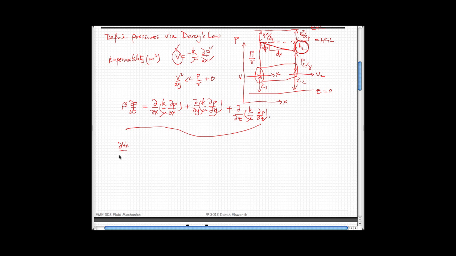A very easy explanation of this: dvx/dx plus change in velocity in the y direction is equal to 0. So the easiest way to think about this is to take this little cube that we have, just look at the side of it, where this would be, I guess, plan view, right? Because it's x and y.